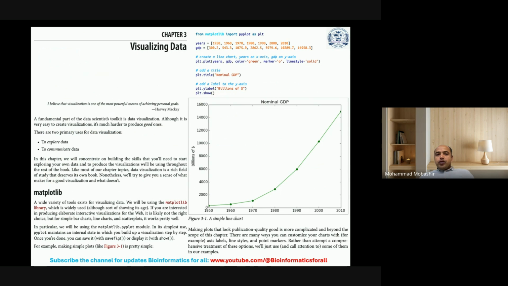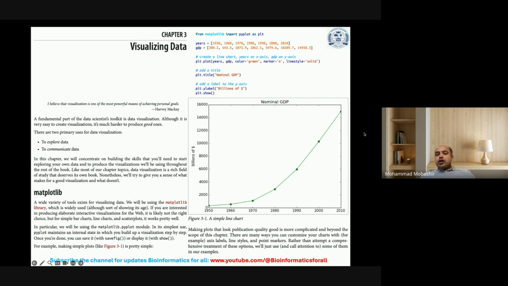This is one of the plots. This is called a line plot, line followed by dots, and these are the markers which you are using on every point to indicate that, for example, at 1960 this is the value, then 1970 this is the value.